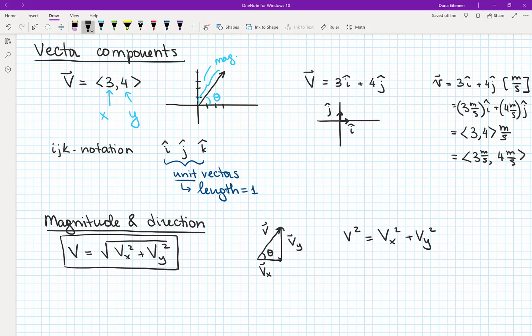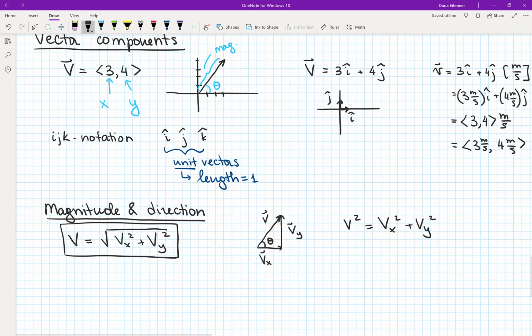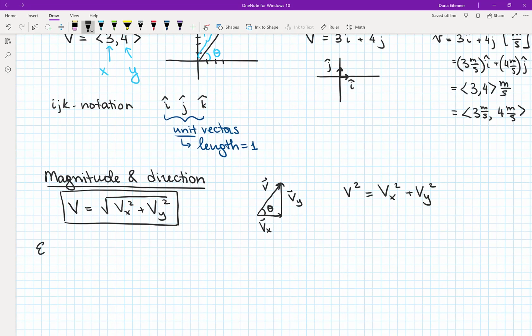So if you know the components of a vector, you can easily figure out its magnitude. For example, that vector v that we've been using, I could do the square root of 3 squared plus 4 squared, which will give me 5. So the length of that vector v is 5, whatever units. Okay?